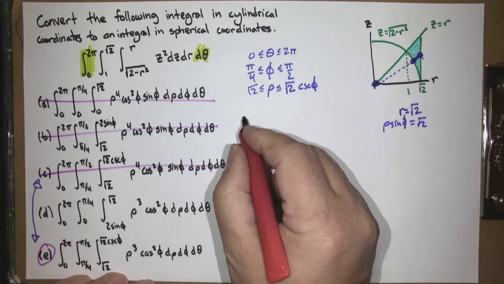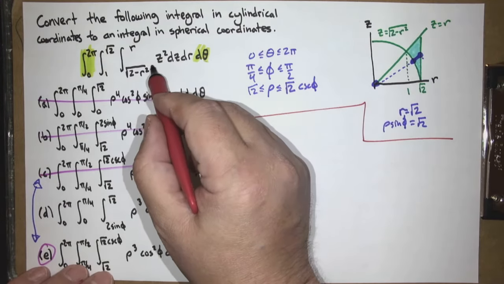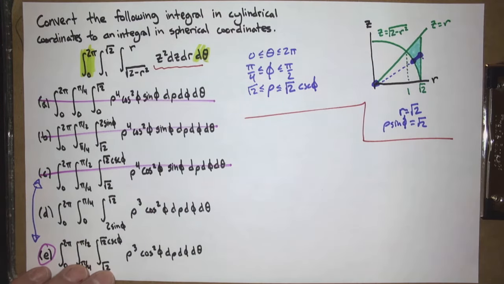Now let's get to what we're integrating. Does something seem missing here? Is something not there which should be there? R. Why should that be there? Because when we talk about pieces of volume, we have an r dz dr d theta.